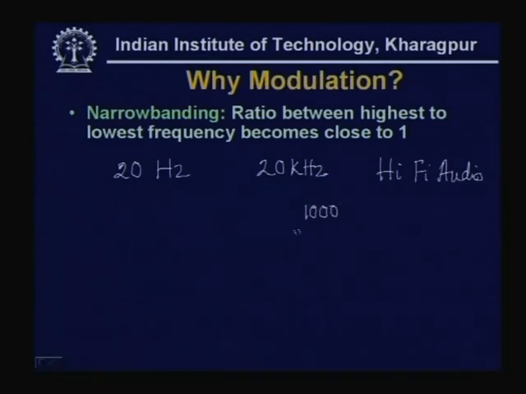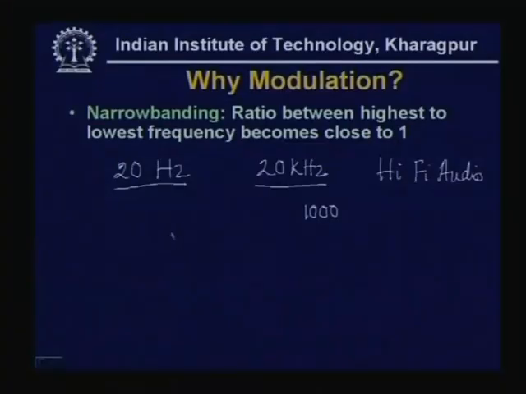And obviously, if you design an antenna for the lowest frequency, then it is not at all suitable for the highest frequency, or if you design an antenna for the highest frequency, then it will not be suitable for transmission of the lowest frequency. So, you see a single antenna will not be able to transmit both the signals effectively and efficiently.